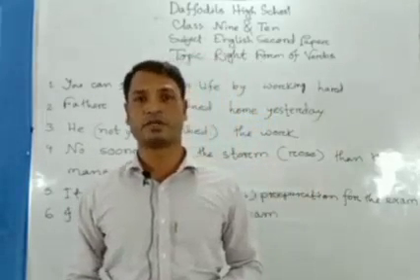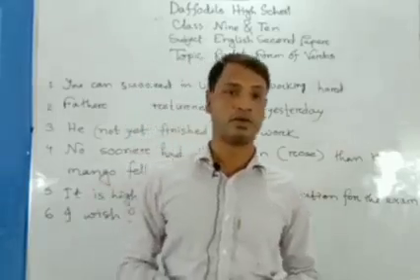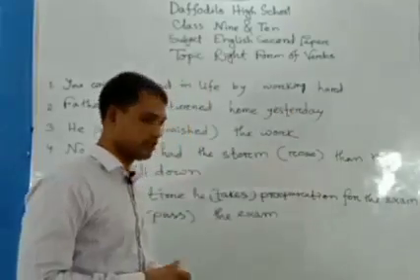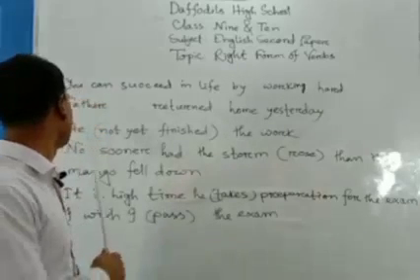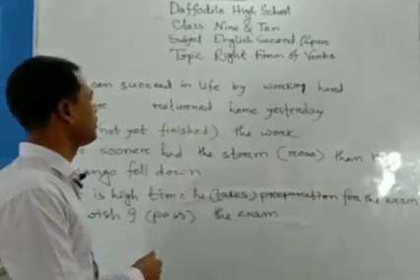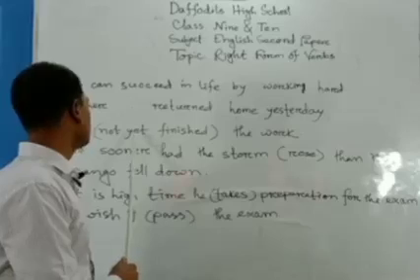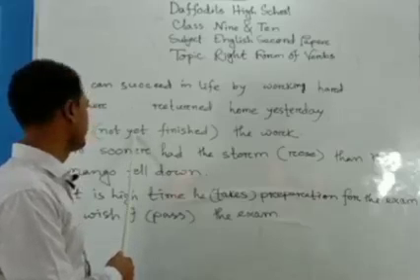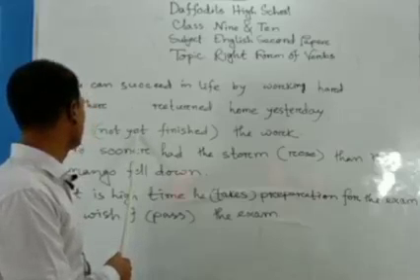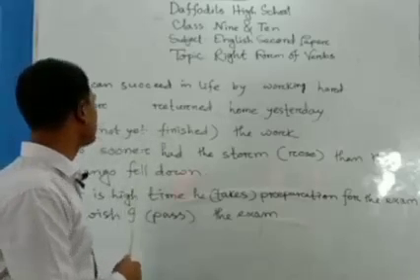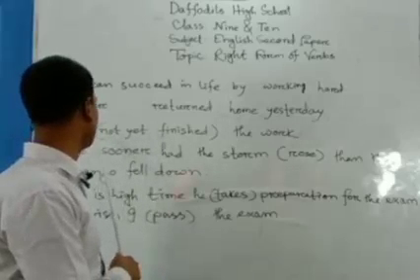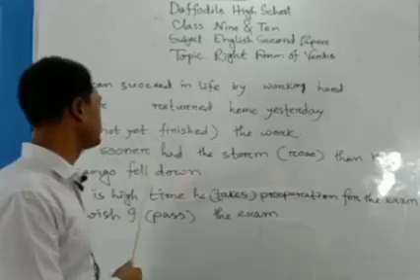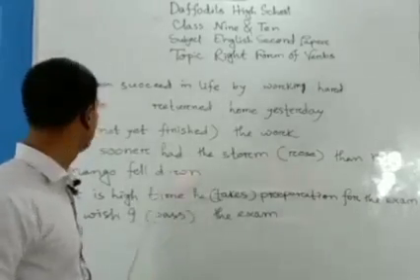I would like to clear your idea by giving an example. Dear learners, let's see an example here. The third sentence, he not yet finished the work. As yet is existing in this sentence, it will be used in the present perfect tense, but we haven't found all the symptoms of present perfect tense here.